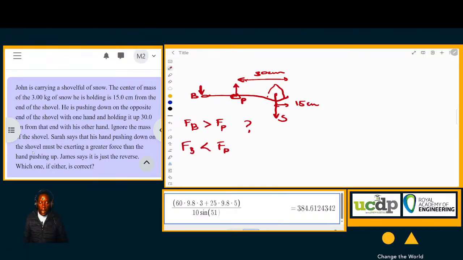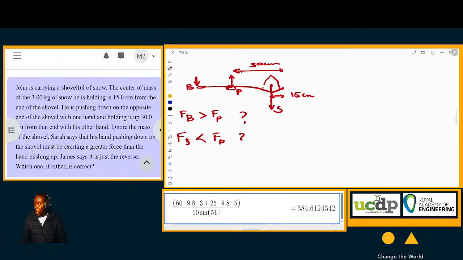So which one, if either, is correct? What can we say from the given information?